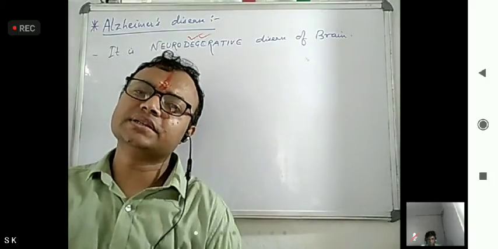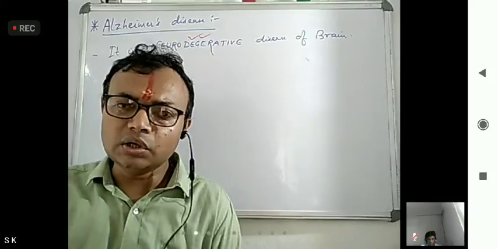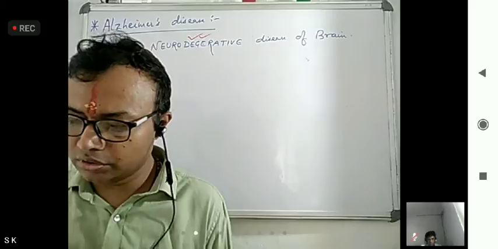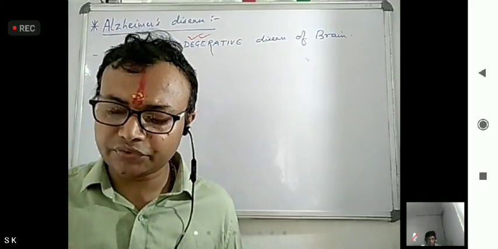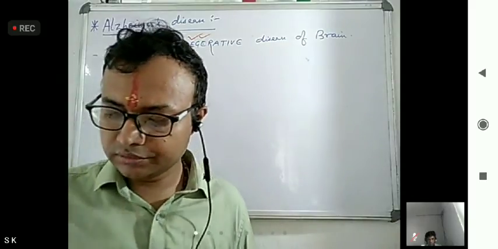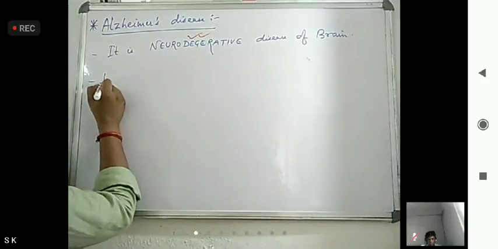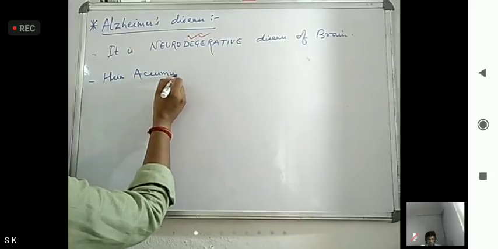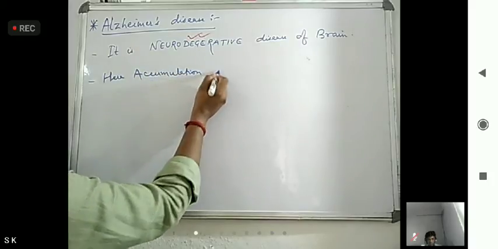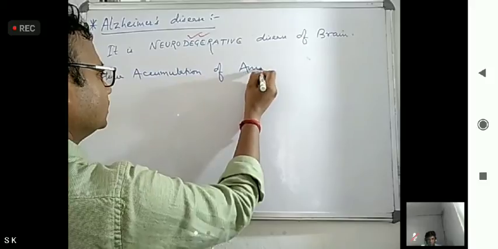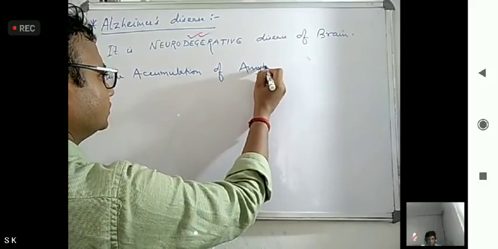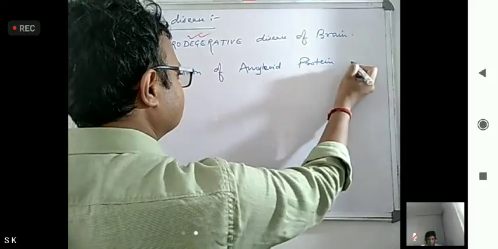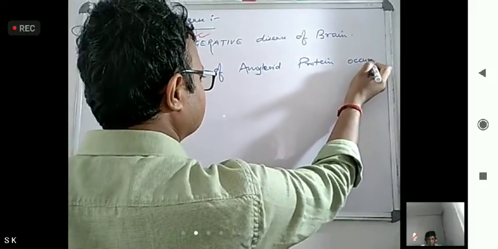One protein is there, amyloid protein. So its accumulation occurs. So here accumulation of amyloid protein occurs.